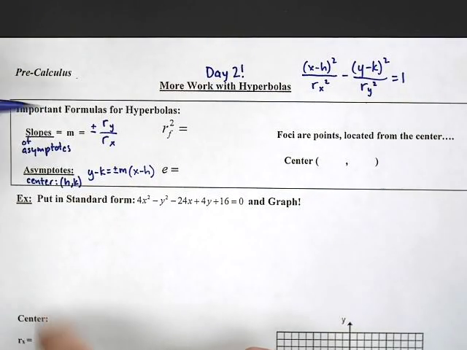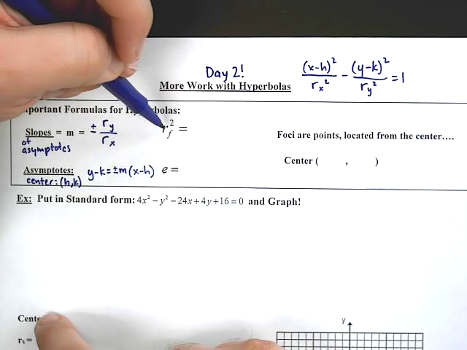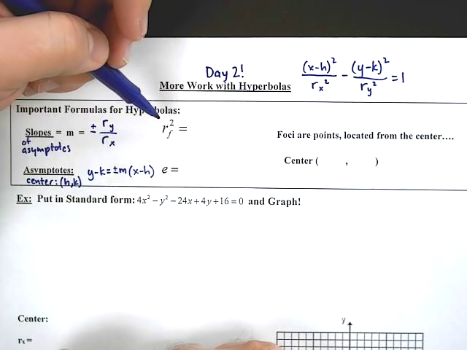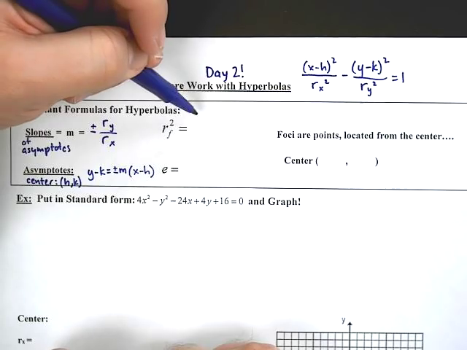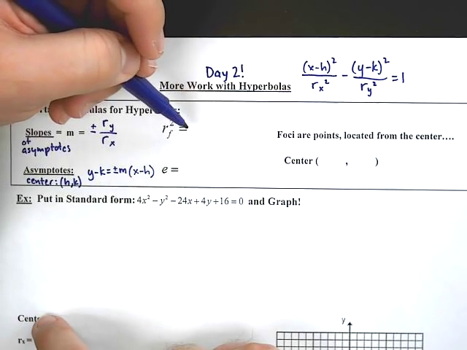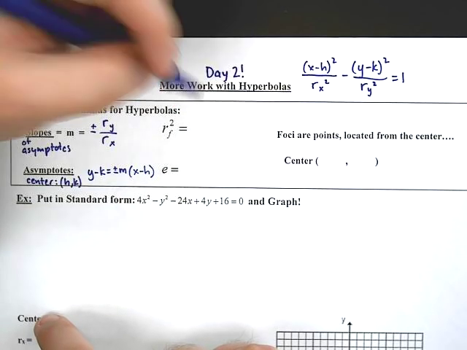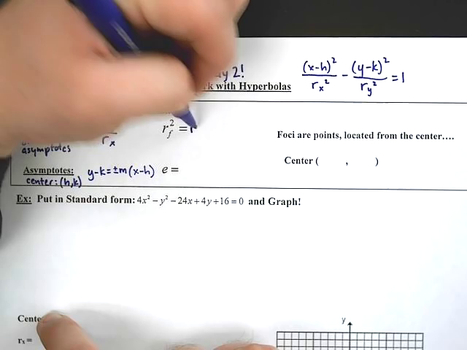Now, for focal radius, the equation is a little different. If you remember ellipses, you had to take r major, square it, and then take away r minor squared. Well, here we have a subtraction. That's your hint that we're going to add. But please remember, we don't talk about major and minor.